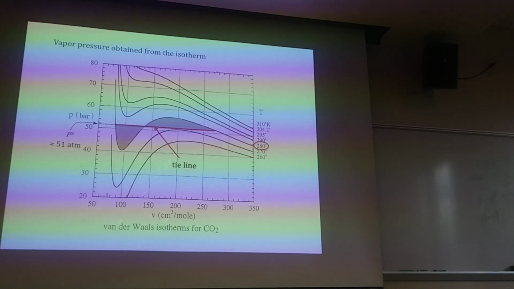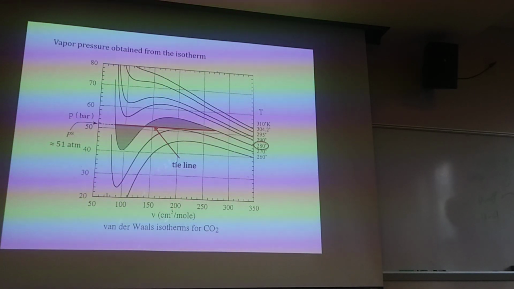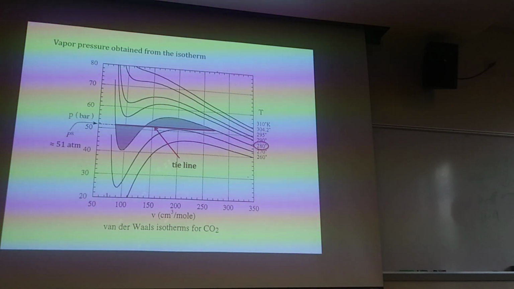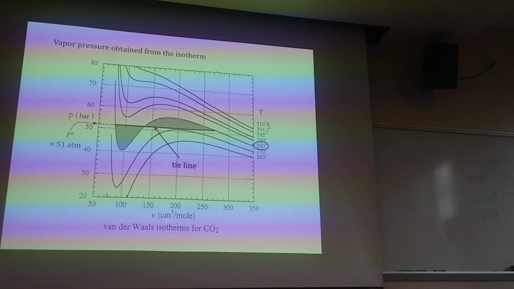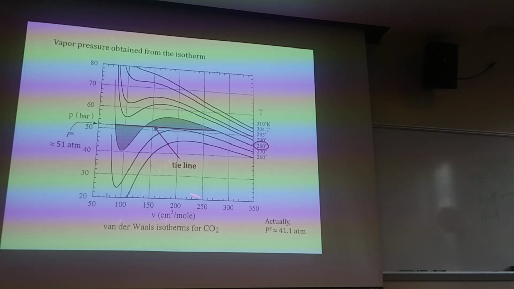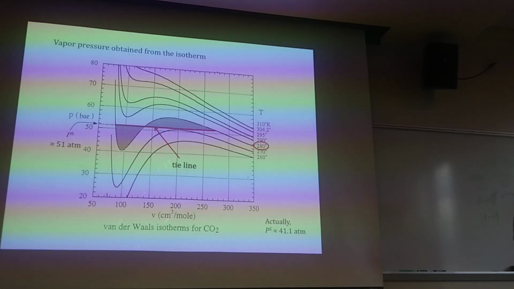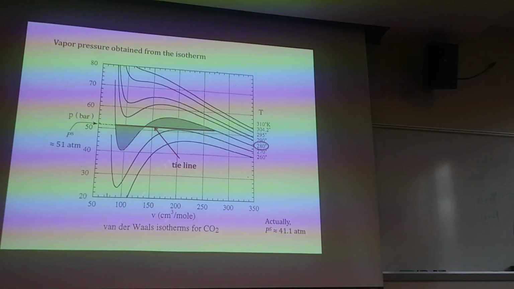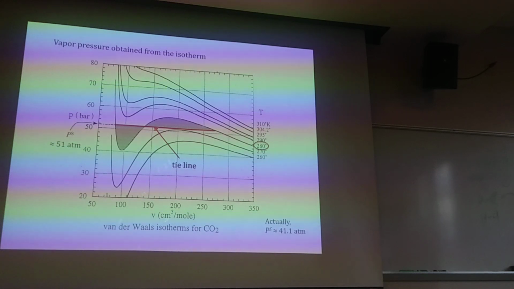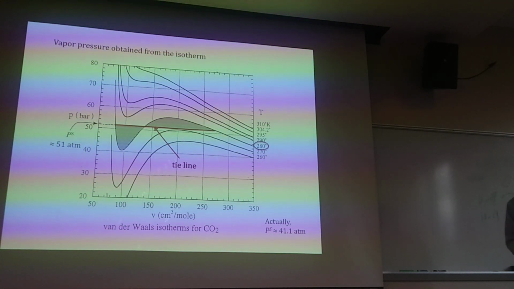Now to give you an idea of how rough this is, one of the most difficult things that an algebraic equation of state has to do is to predict this vapor pressure. So the actual vapor pressure at 280 is about 41. So we're quite far off. It's not ridiculous, but we are quite far off. Now the fact that that is going to be true for other substances as well motivates us to want to make use of vapor pressure data for that third parameter.